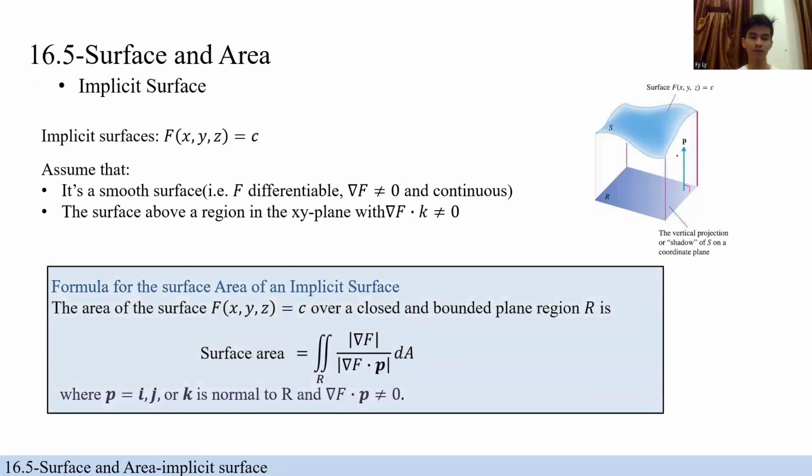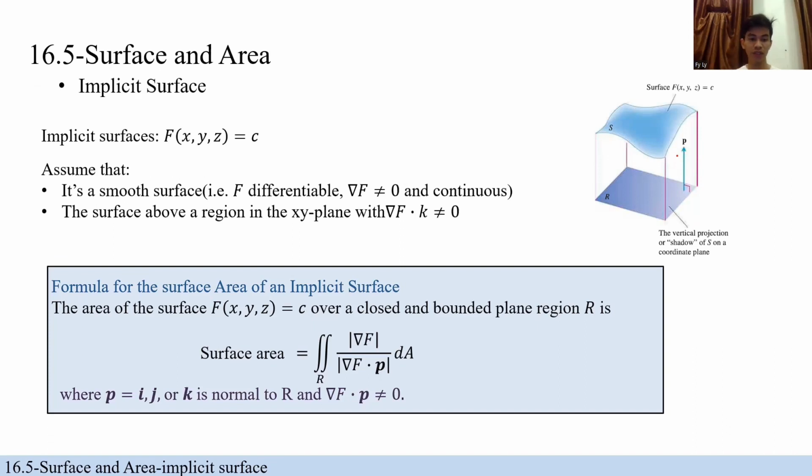So the formula for the surface area of an implicit surface f(x, y, z) equal to c over a closed and bounded plane region R is: the surface area is the double integral over the region of the magnitude of the gradient over the magnitude of gradient dot p, dA.